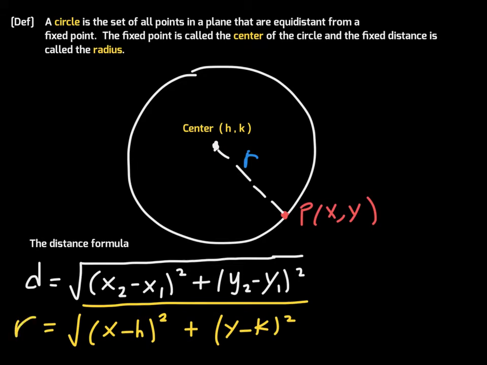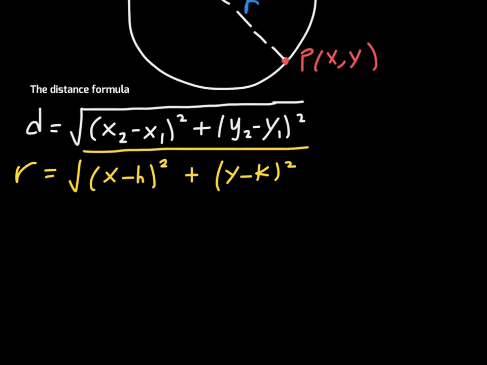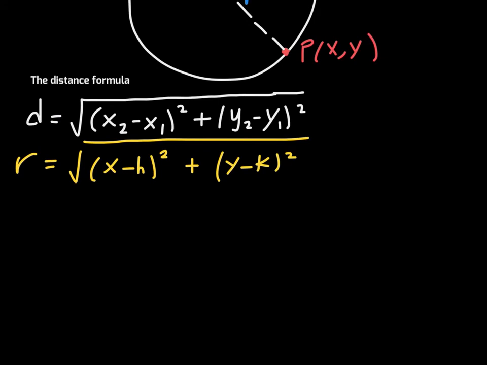Now what I would like us to do is consider squaring both sides. If you square both sides, then the square root on the right will go away. Of course, the left-hand side would be r squared. R squared is equal to x minus h quantity squared plus y minus k quantity squared.